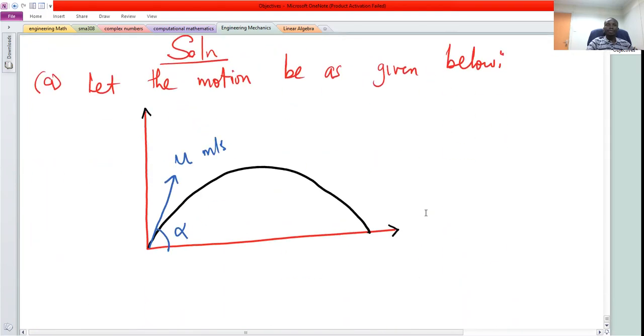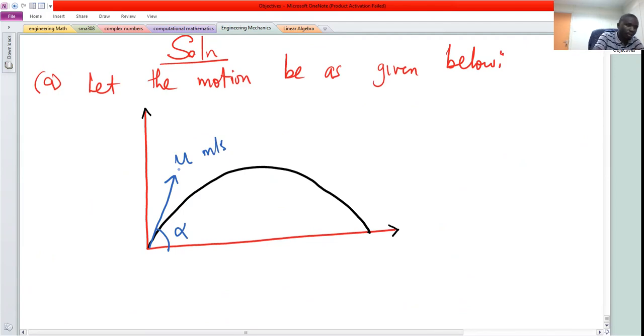This being a projectile motion, we'll draw x and y axes, and then show the trajectory of motion of this projectile, and then identify this as our alpha, and this is u, the initial speed.